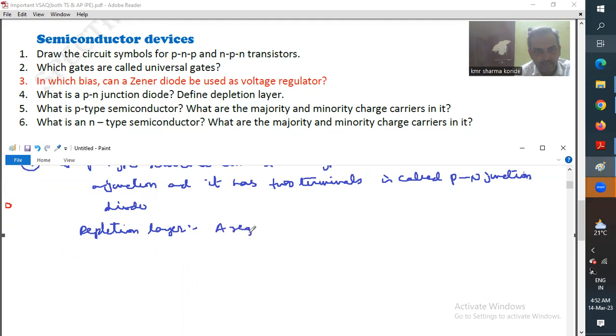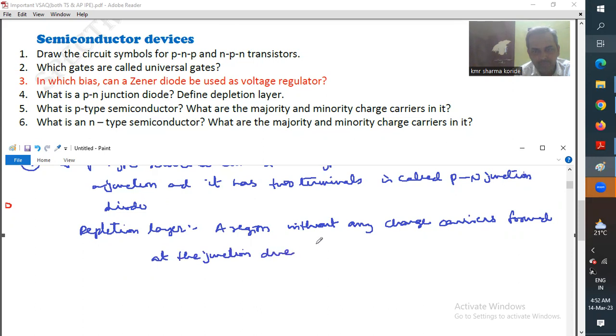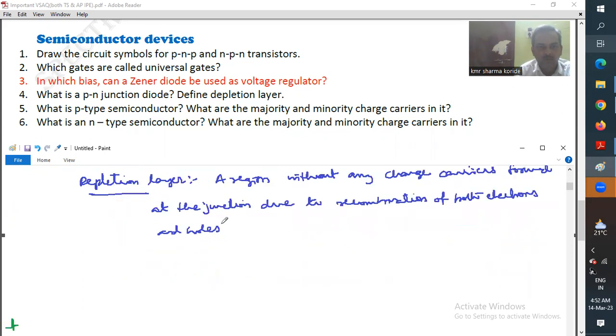A region without any charge carriers, formed at the junction due to recombination of both electrons and holes, is called the depletion layer. Moving to the next question.